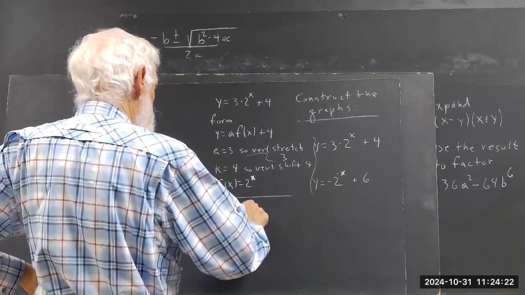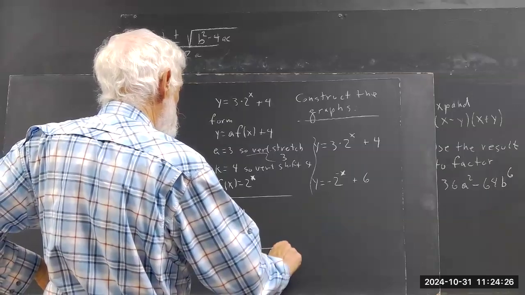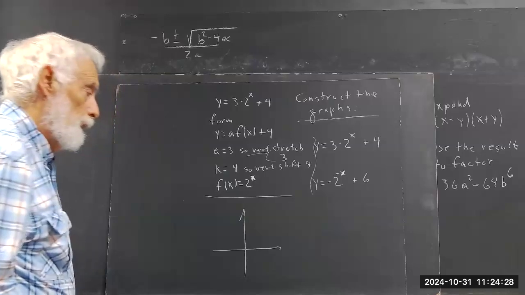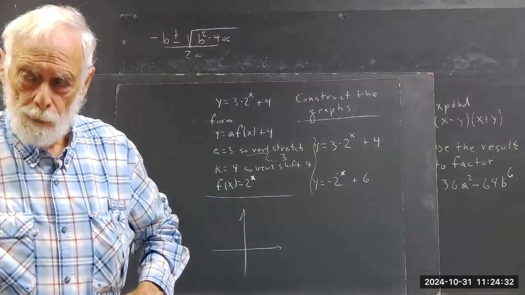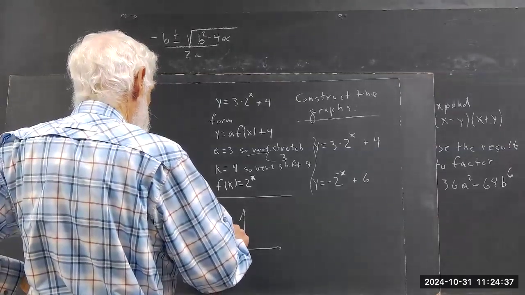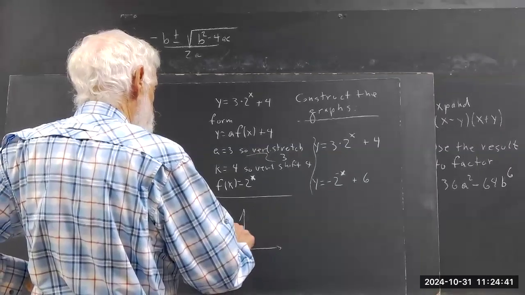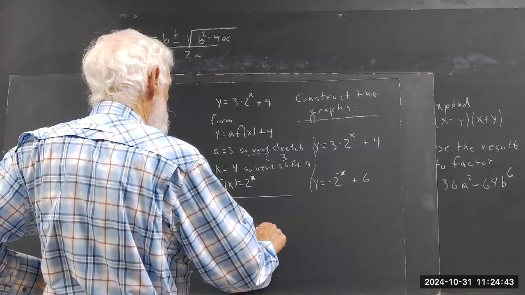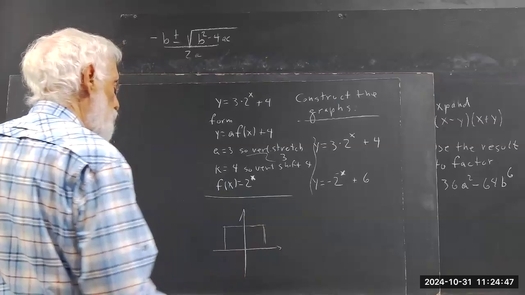Well, we start with the graph of 2 to the x. And whether you're in my pre-calculus class or not, I'm going to recommend, unless your instructor forbids it, that we start with a 4x4 box.